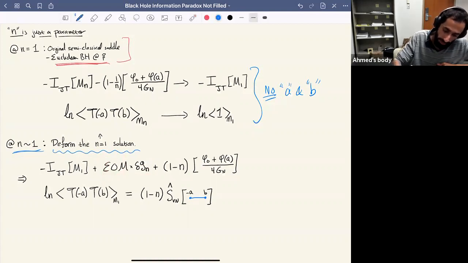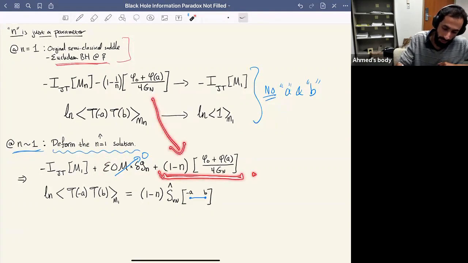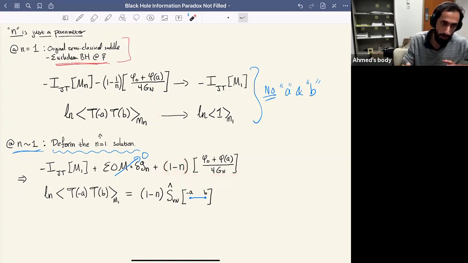And since we're interested in saddles, this thing is just going to be 0. The other correction, the other interesting thing that happens, is that the cosmic brane term comes back when n is near 1. The coefficient is not 0 anymore. 1 minus n is small, but it's not 0. And something similar happens to the matter term.